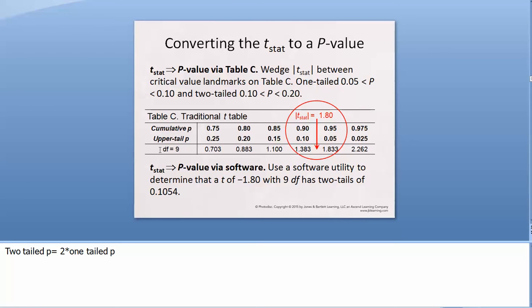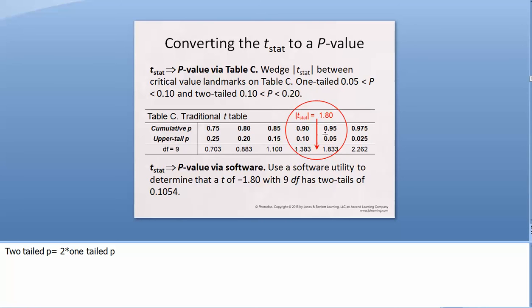Now see, you need to look in the correct degrees of freedom. Okay, we have degrees of freedom to be 9. So if you look, the left probability for 1.8 will be less than 0.9 but not as much as 0.95.